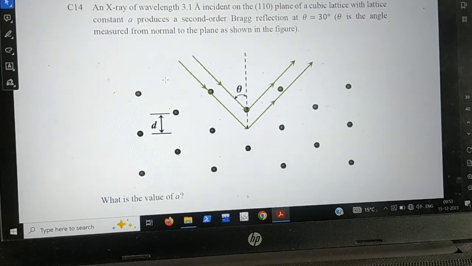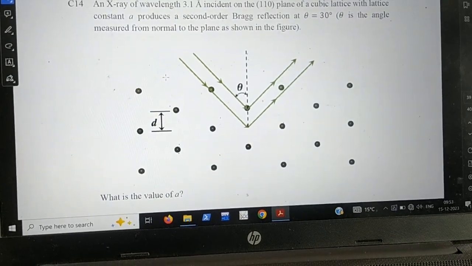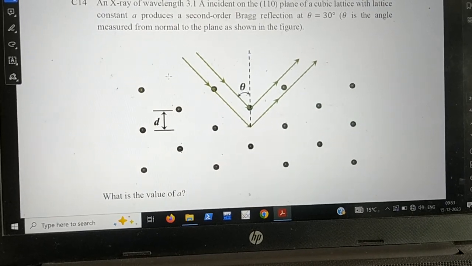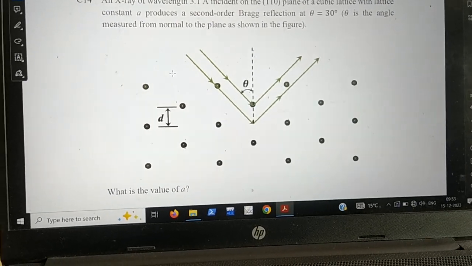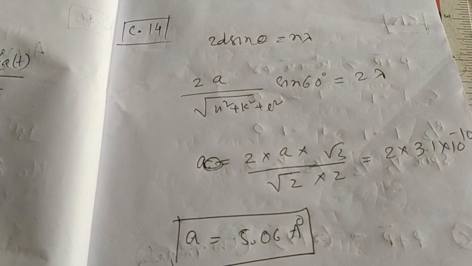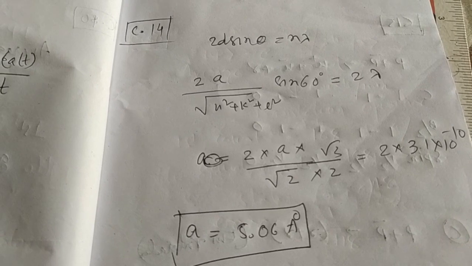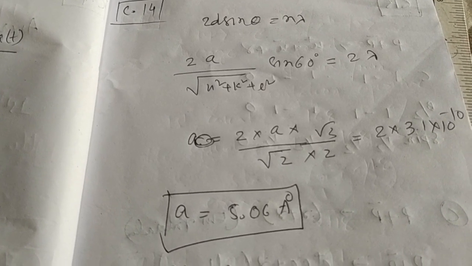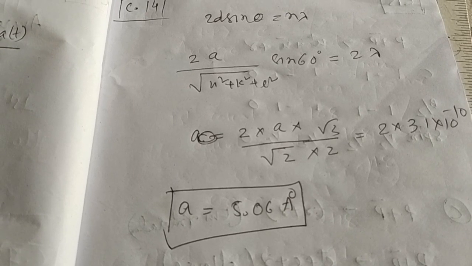You need to calculate the actual theta for Bragg diffraction. The theta is 90 minus 30, that means 60 degrees. From there it's straightforward: 2d sin theta equals n lambda. You put in all the values, and we get the answer 5.06 angstrom.